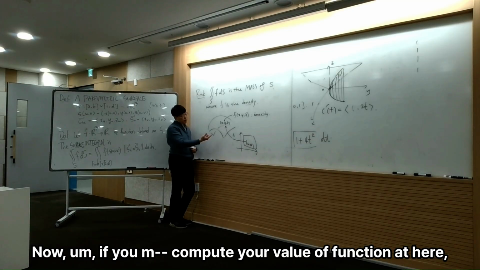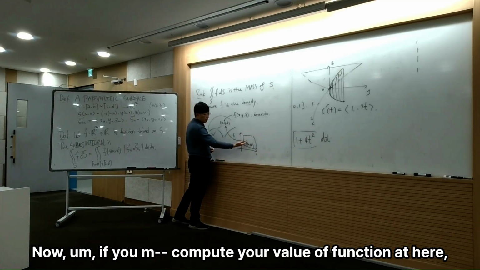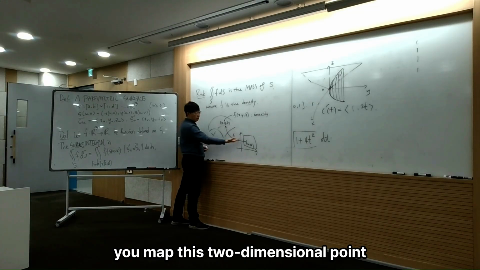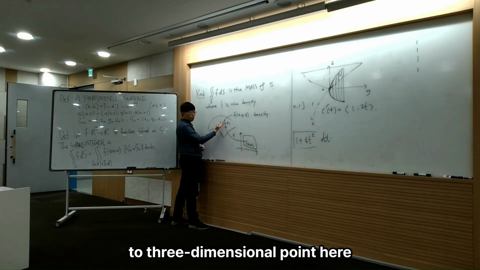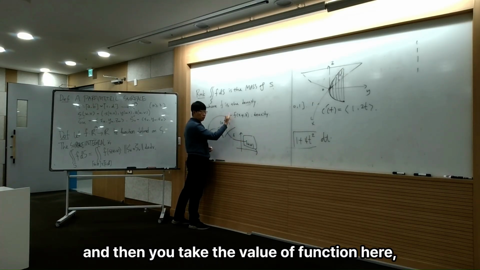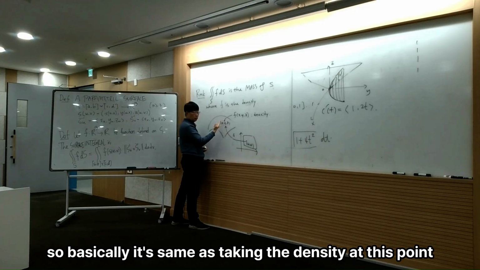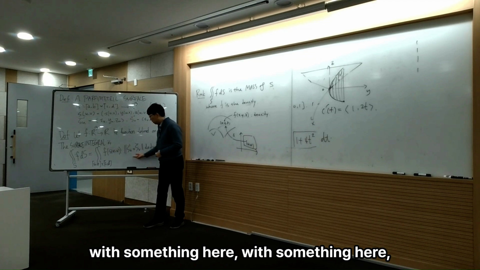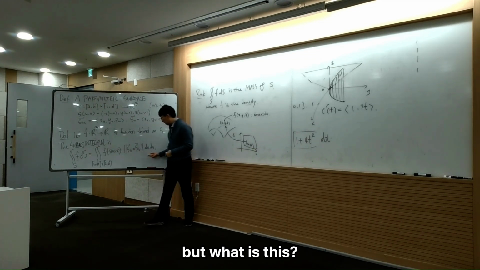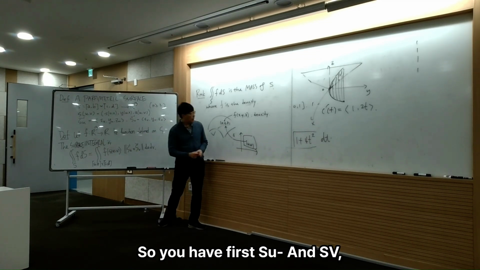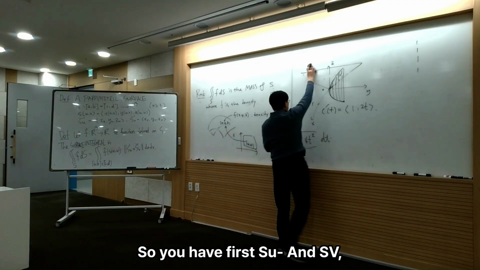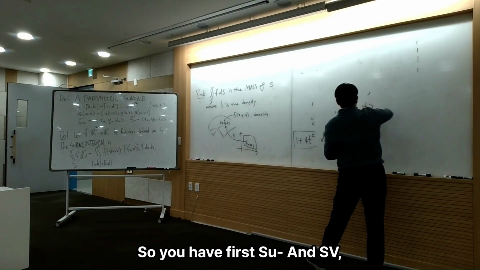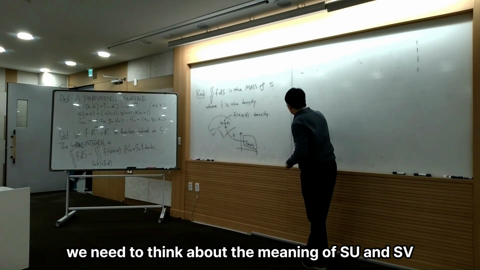If you compute the value of the function here, you map this 2-dimensional point to a 3-dimensional point, and then you take the value of the function there. So basically, it's the same as taking the density at this point. You're multiplying density with something here, so what is this? You have first S_u and S_v. We need to think about the meaning of S_u and S_v.